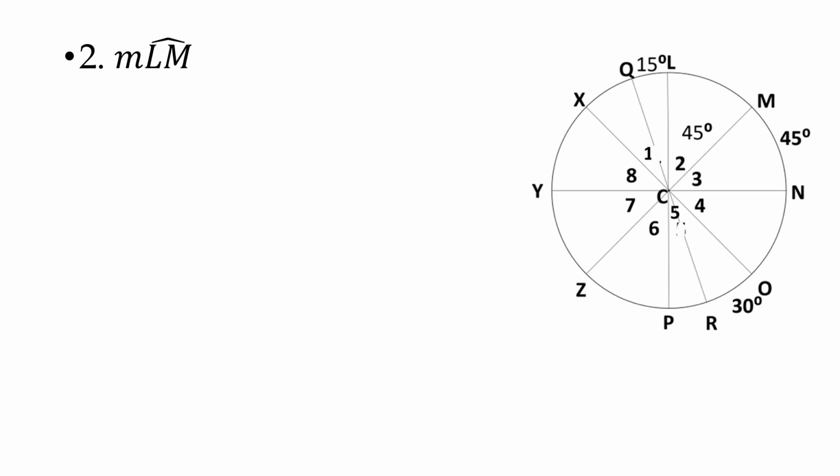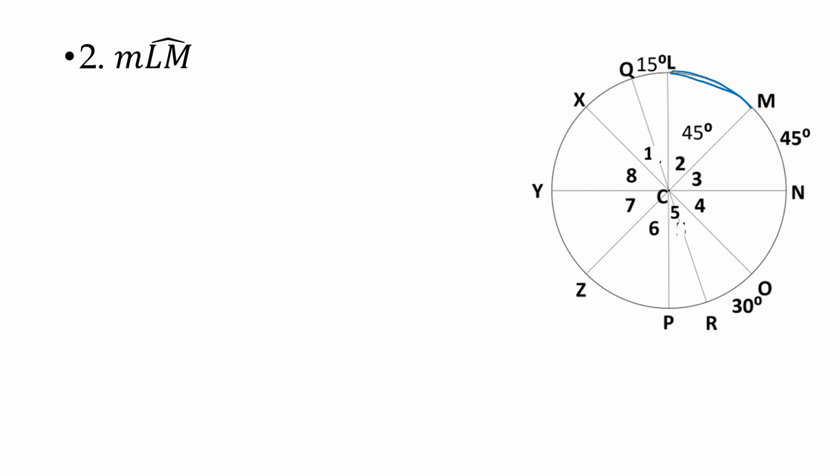Next, we're going to find the measure of arc LM. Now, as I said earlier, the value of the intercepted arc is just the same as the angle of the central angle that specific arc intercepted. So since arc LM, as we can see, is here, arc LM, right?